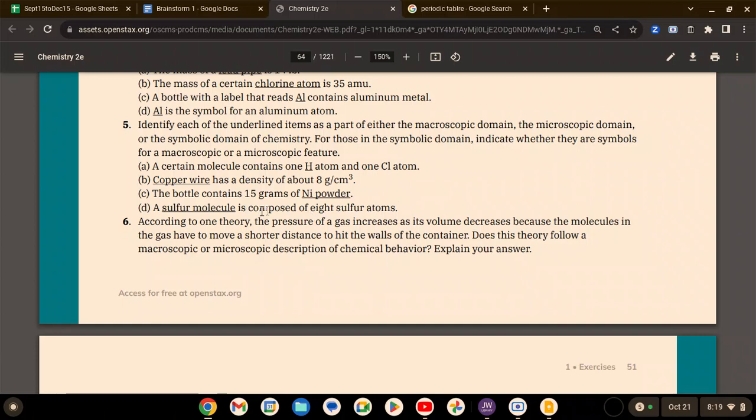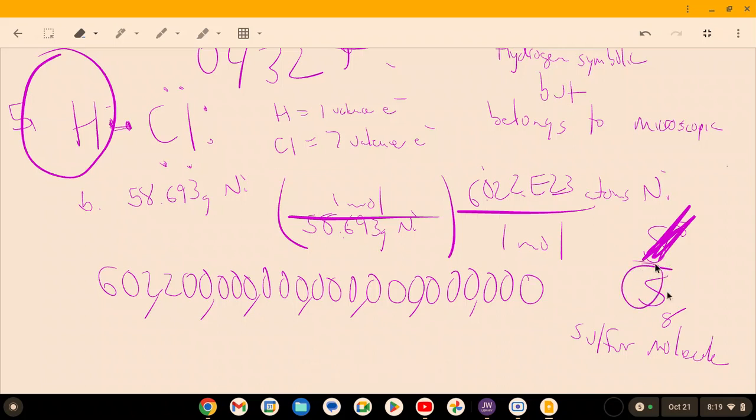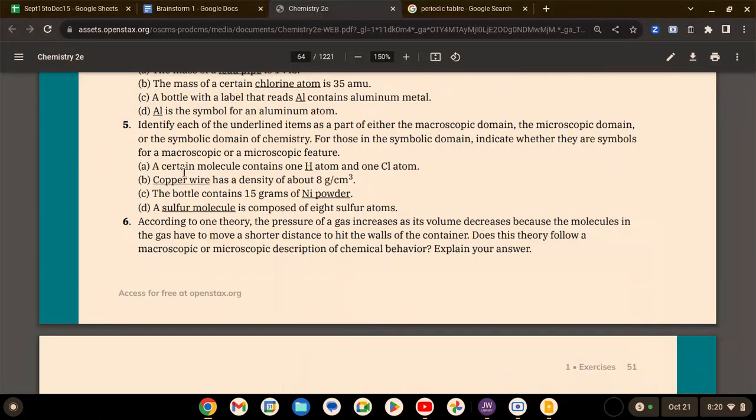This sulfur molecule is composed of 8 sulfur atoms, so that looks like this: S8 sulfur molecule. It's not asking for just this one atom, it's asking for the whole thing. So it's microscopic. So it goes symbolic, microscopic, macroscopic, macroscopic, microscopic. Those are the answers that I would choose for those four.